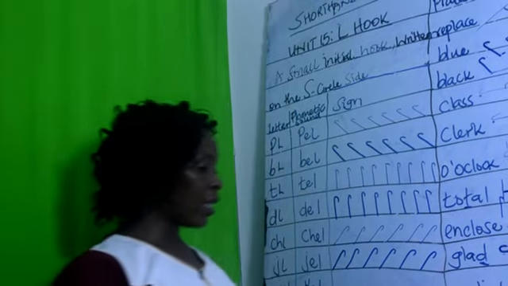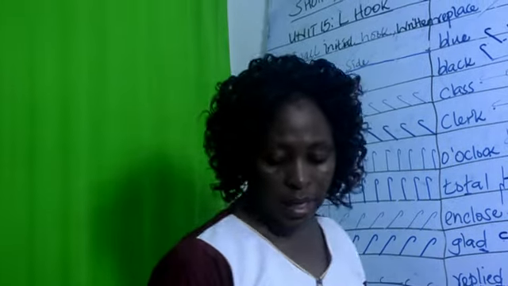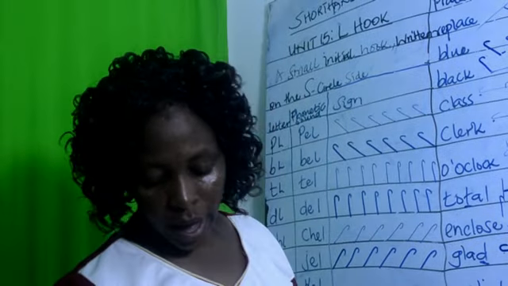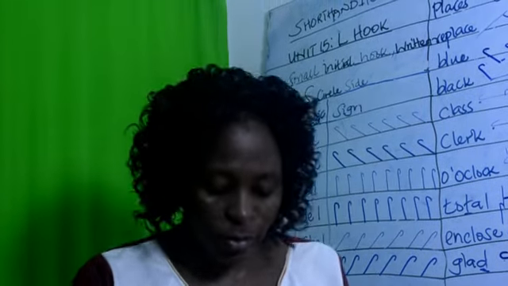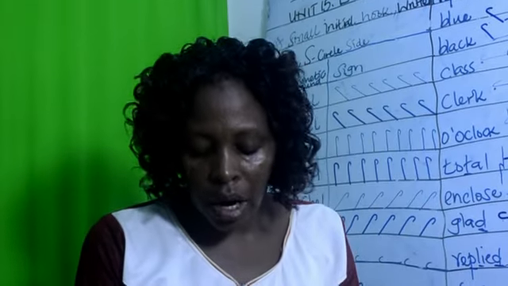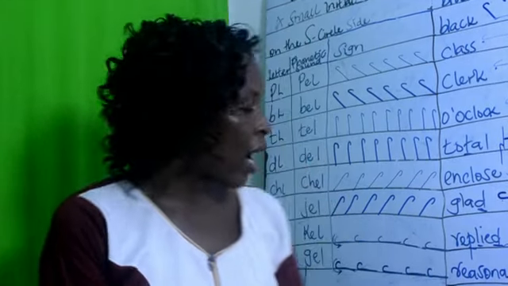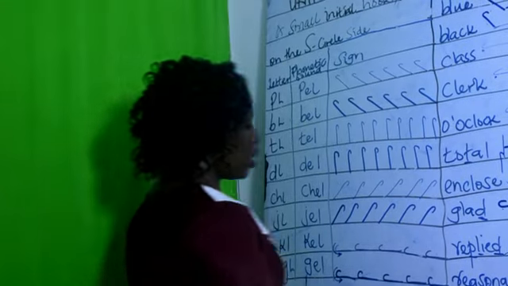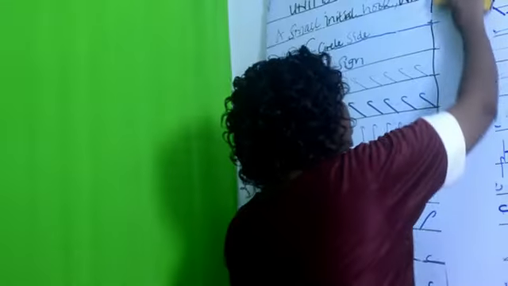Then below there we have a few words where the words have ukti for L, and at the same time an S circle is added inside the hook. We are going to indicate those words where we are adding the S circle on the L hook.